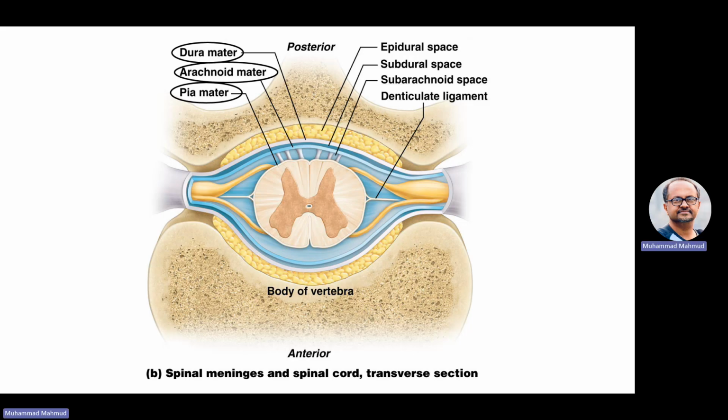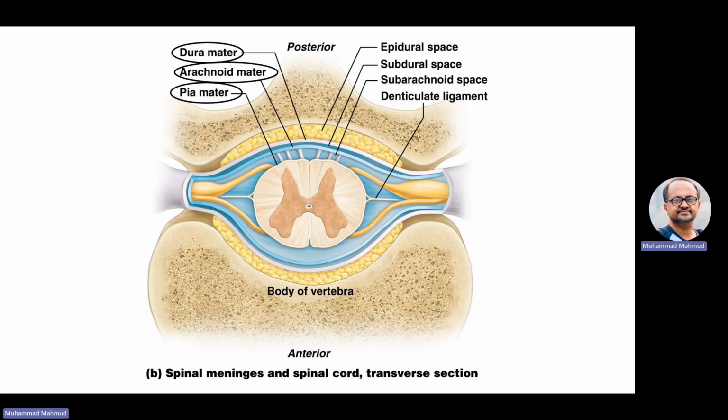The epidural space is outside the dura mater. You see that fatty layer, yellowish area, that's the epidural. Epi means above. Subdural space is just below dura mater, you see that blue line. And then we have subarachnoid space below the second layer, arachnoid mater.